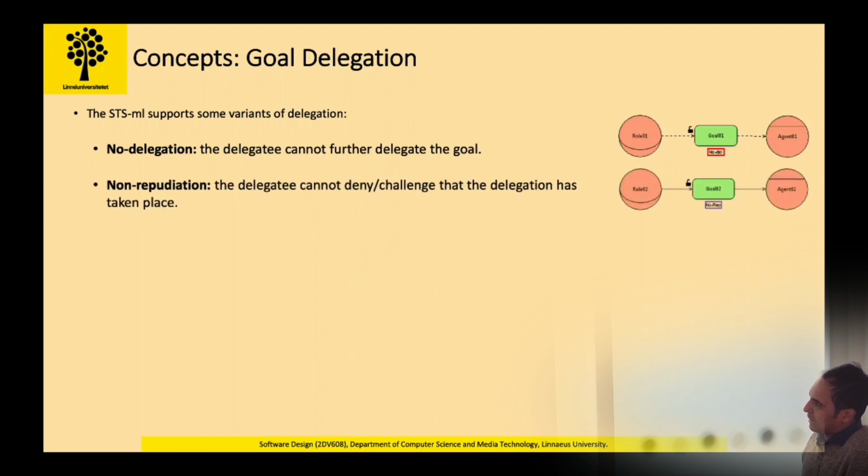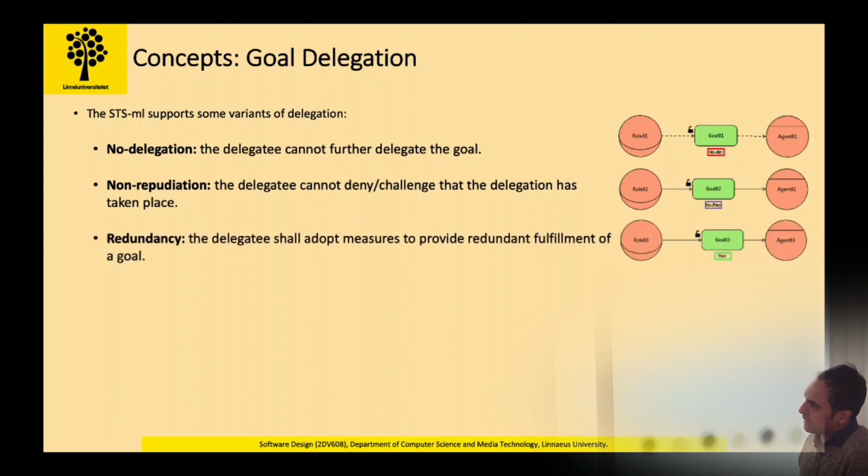Then non-repudiation. So when this role is delegating this goal to an agent, he mentioned here in the security needs non-repudiation. So this agent cannot deny this objective or goal. He must fulfill this goal. Then there is redundancy.